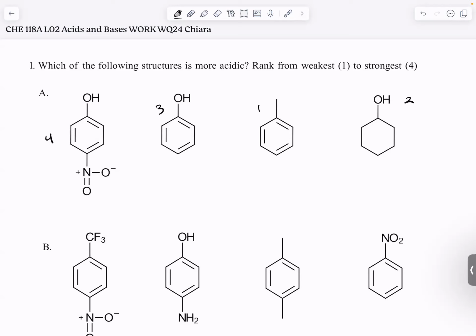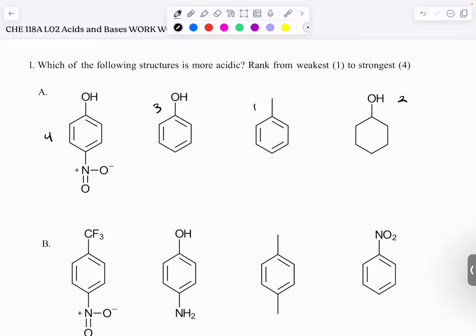So I'm kind of arguing that the benzene ring attached to the carbon would be like the most... wait, hold on. I think I'm rethinking my thoughts. Okay. Because having a positive... yeah, no, I'm not rethinking my thoughts.